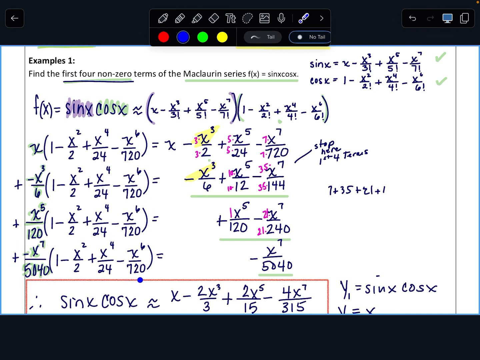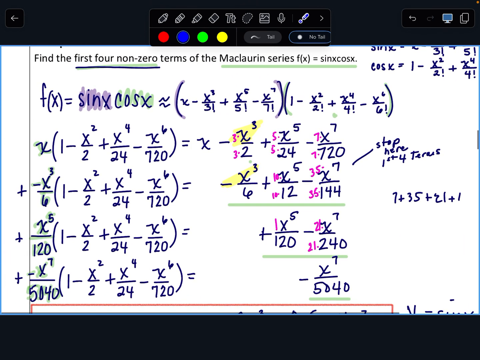And then we have negative x to the 7th over 5040 times the four terms of cosine. So we're going to distribute them. Just for now, ignore the pink that you see there. So x times 1, x times x squared over 2, x times x to the 4th over 24, x times x to the 6th over 720, with the appropriate signs, minus, plus, minus, an alternating series.